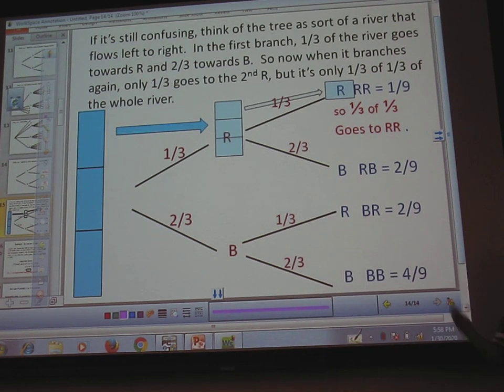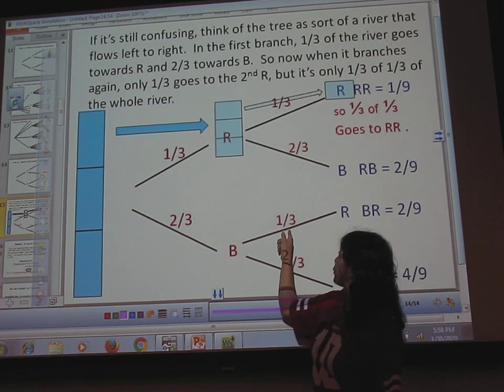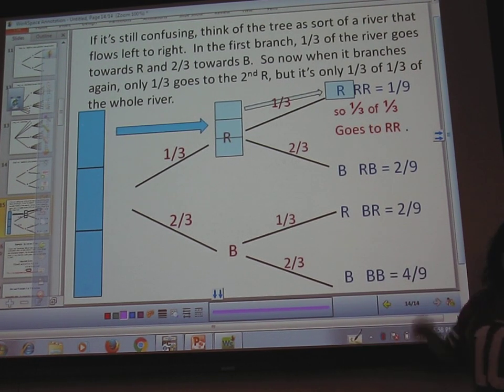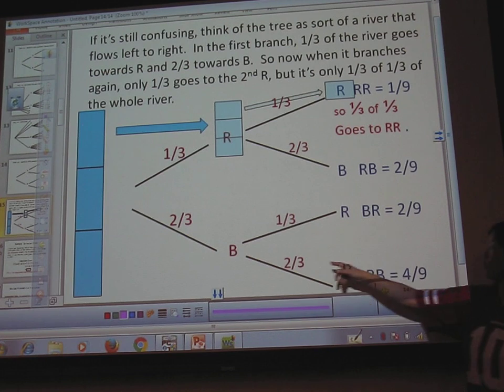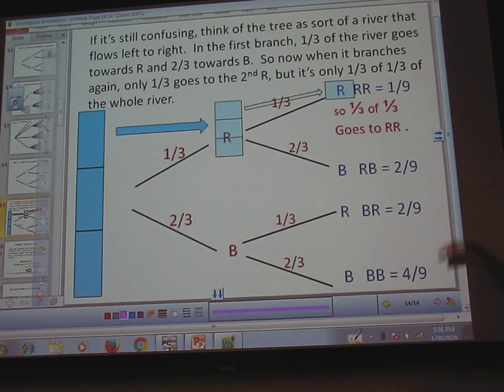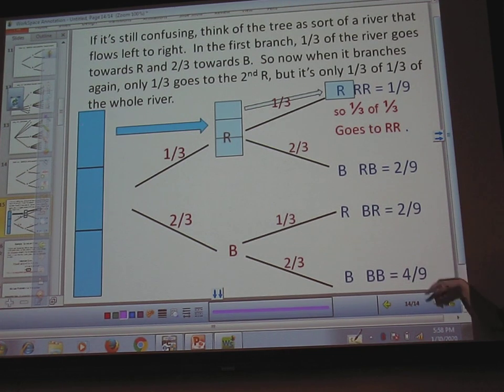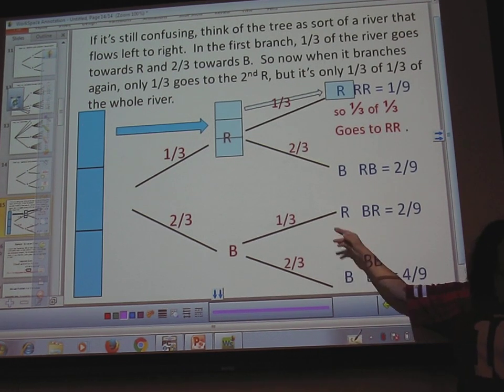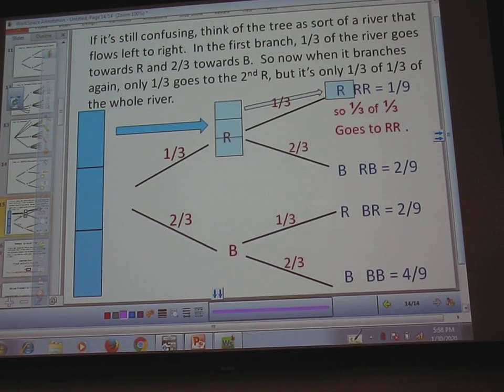So again, 1/3 of 1/3 means multiply, 1/3 times 1/3, 1/9. This one here, 1/3 of 2/3, 1/3 times 2/3, 2/9. This one here, 2/3 of 2/3, 4/9. Not equally likely. These are not all 1/4. See how they're all different? More likely, least likely, because these are not equally likely outcomes. Good.